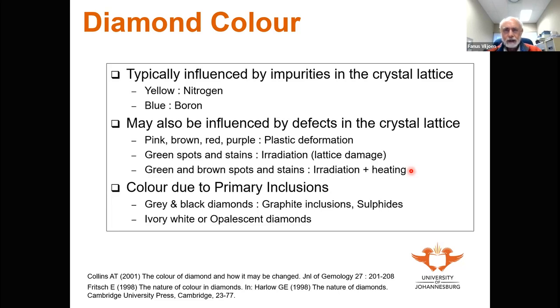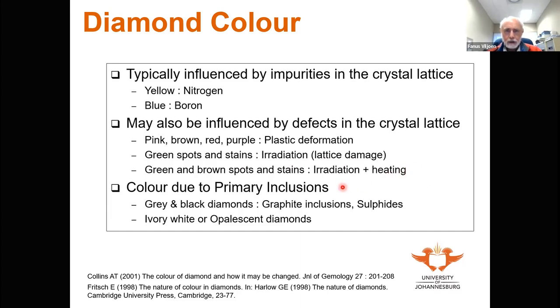That's quite useful as an exploration tool, because if you see abundant diamonds with brown spots and stains, it may very well be that your diamonds have been through more than one cycle of deposition and subsequent erosion, maybe a mountain building process of some sort, and hence your diamonds could be a significant distance from source.